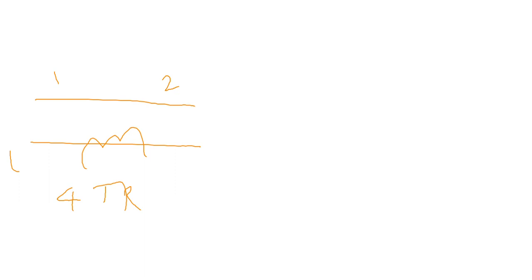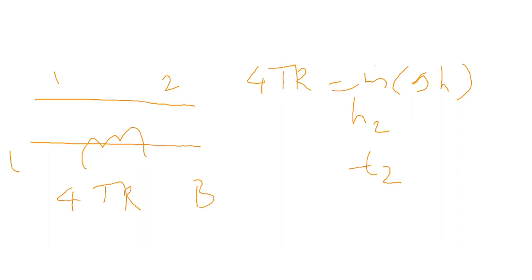You first did an energy balance where you equated 4 TR with m dot into delta H, and then you found H2. Once you got H2, from the psychrometric chart you got T2. And once you got T2, by knowing the bypass factor expression, you got the value of the bypass factor.